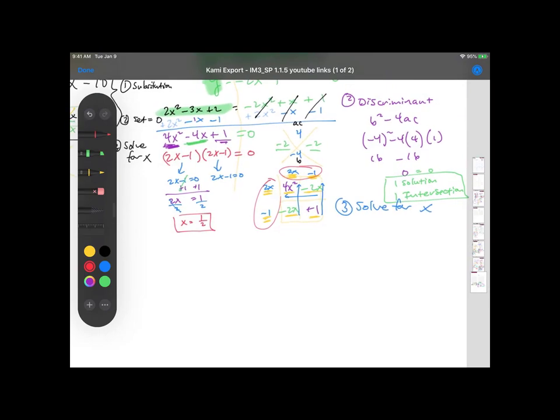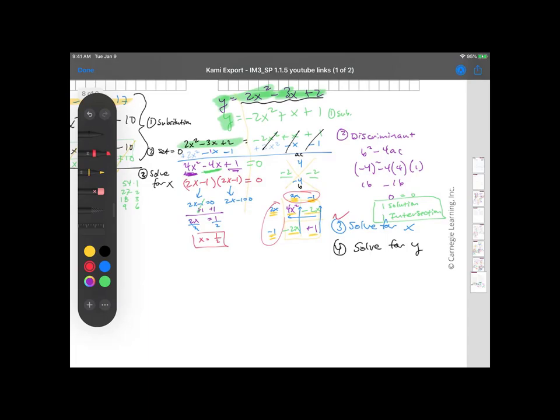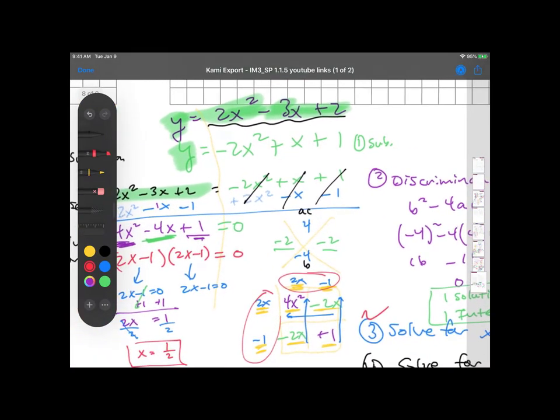Okay, we just solved for x, and now we need to solve for y. Well, how do you do that? You're going to take one of your equations, any of these in the original problem. I'm going to choose this one that has no negative leading coefficient.